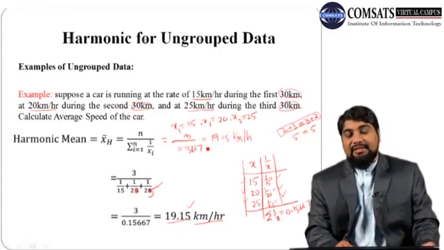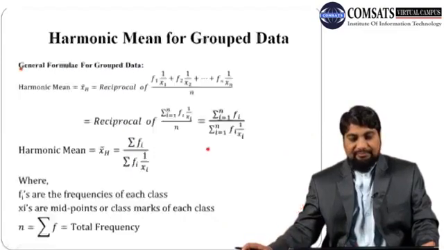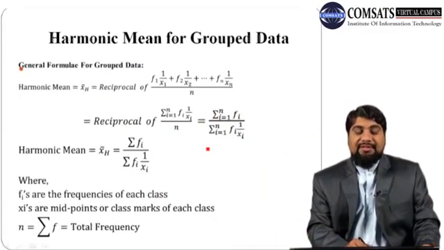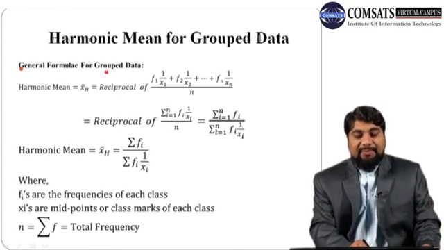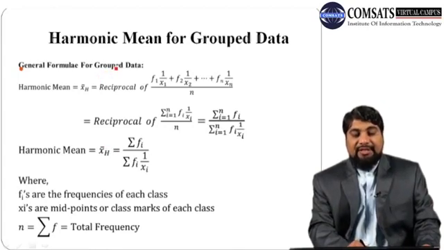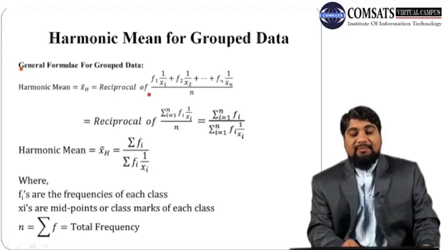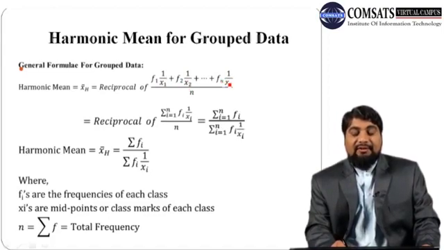Now let us discuss the formula for finding harmonic mean for grouped data. So the general formula for calculating harmonic mean for grouped data is: harmonic mean, x bar h, equals the reciprocal of f1 times 1 over x1 plus f2 times 1 over x2 and so on, plus fn times 1 over xn, whole divided by n.